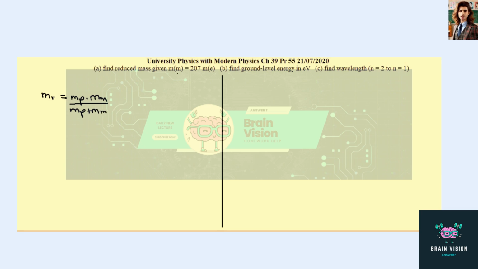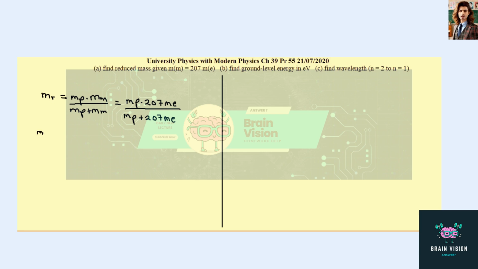Now we've been given that the mass of the muon is 207 times that of an electron. And so we can rewrite this as follows, where 207 m_e is the mass of our muon.